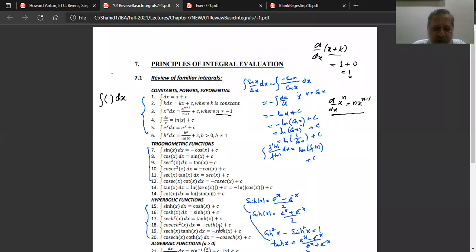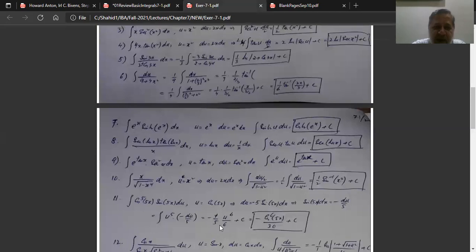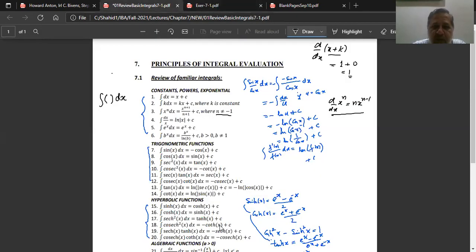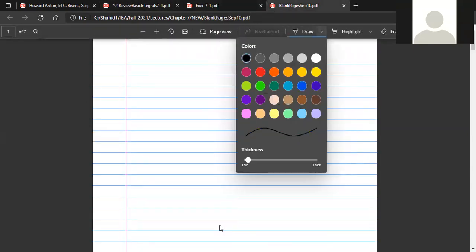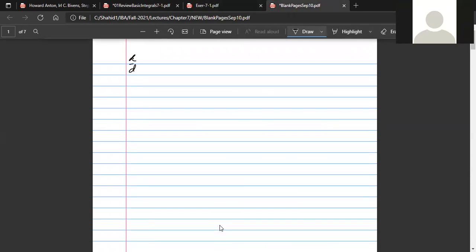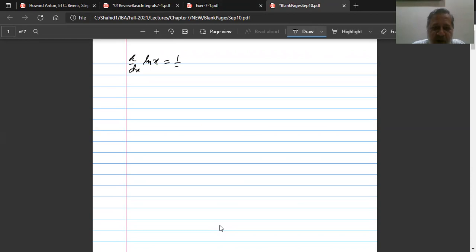Now we have this antiderivative formula, dx upon x, and the antiderivative of 1 upon x is ln x. So we should be familiar with the fact that the derivative of ln x is equal to 1 upon x.